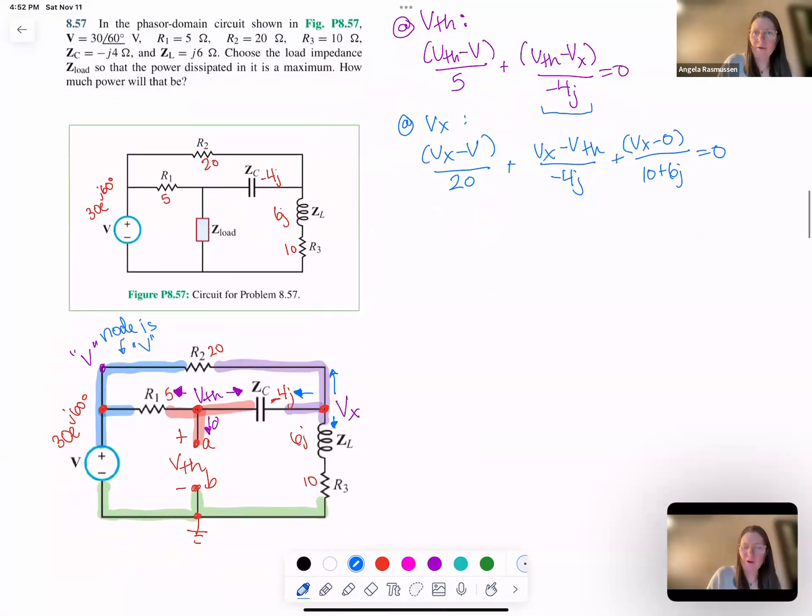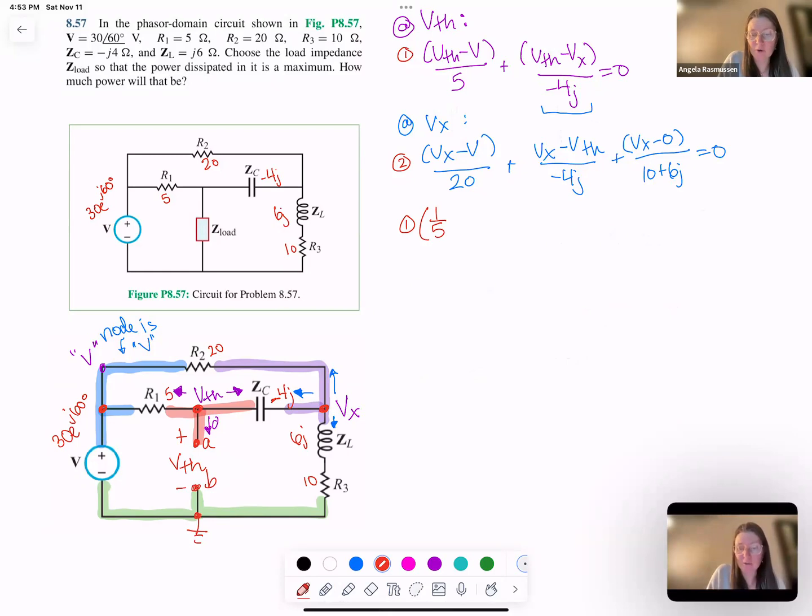So now I want to reorder these. I'm going to call this equation 1 and this equation 2. For equation 1, I'm going to put this into matrix form to solve it. I'm going to define VTH as my first variable, so I can randomly pick that.